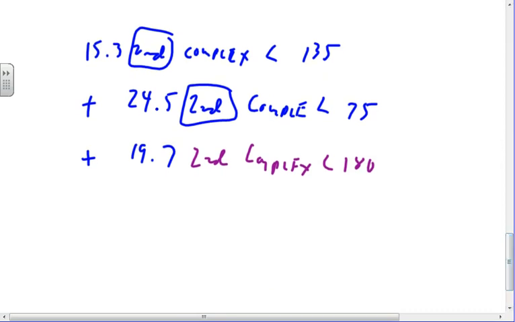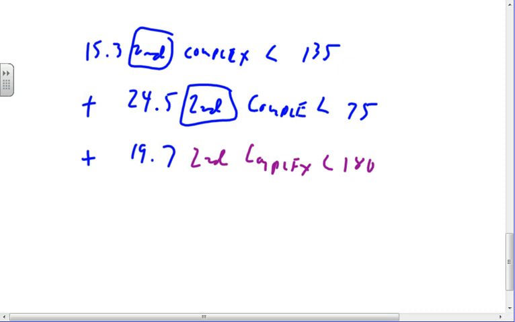15.3, second function complex, angle 135, plus 24.5, second function complex, angle 75, plus 19.7, second function complex, angle 180.